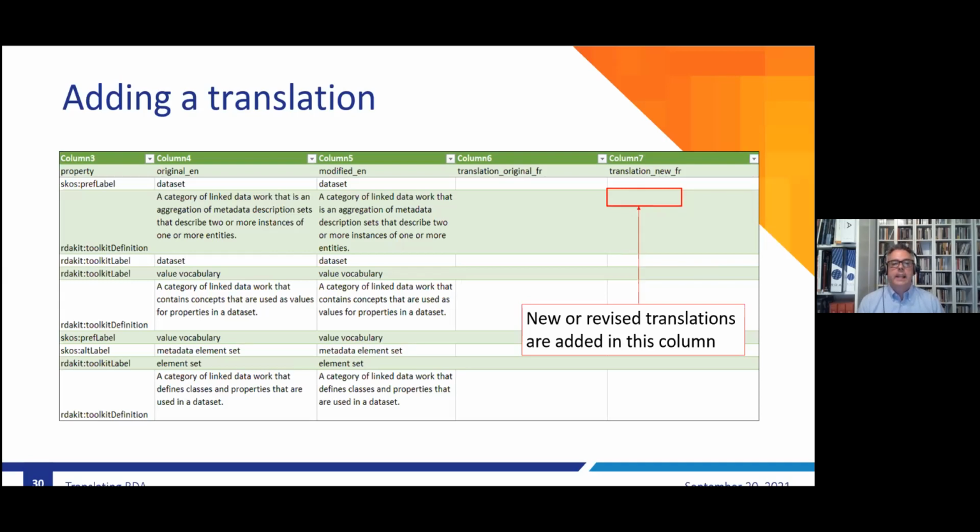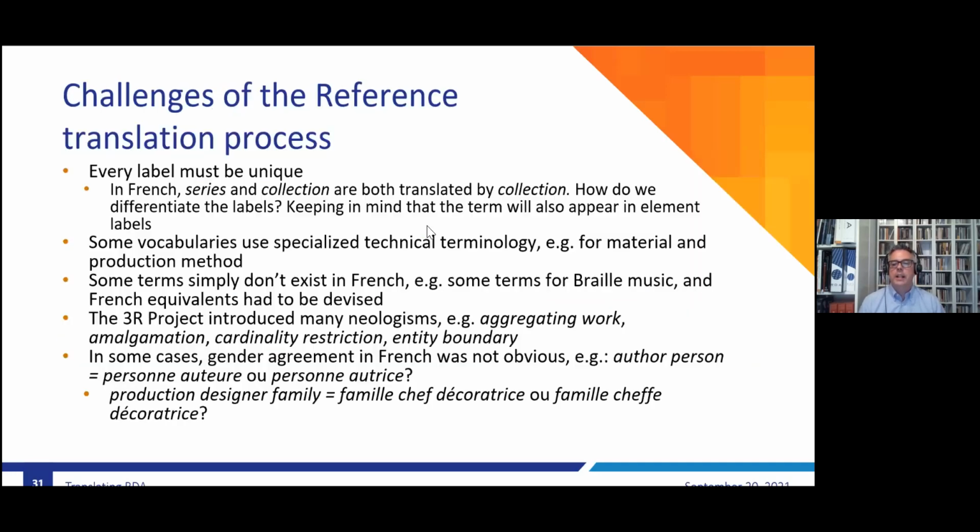As I said, adding a translation is easy, but translators must keep in mind that a spreadsheet, of course, doesn't have all the functionalities of a word processor, such as spell checking or automatic corrections. So they might consider working in a word processor before copying and pasting their translation into the template if they want to take advantage of these functionalities.